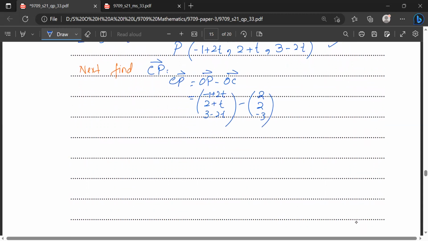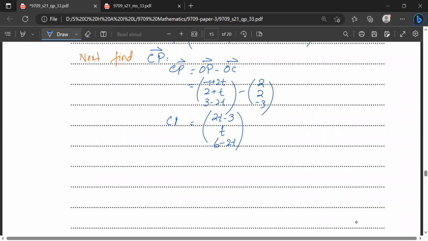So you can simplify to get the column vector. So minus 1 plus 2t minus 2 is 2t minus 3, then 2 plus t minus 2 is just t here, and 3 minus 2t minus minus is plus, so we have finally 6 minus 2t. This is the vector CP.